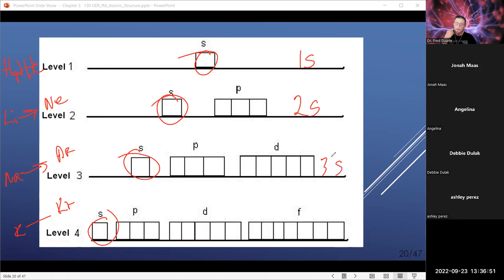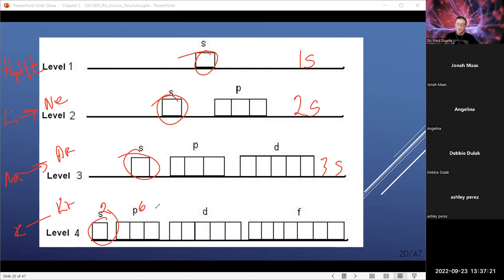Now we incorporate a superscript to the orbital letter, and that superscript depends on the maximum number of electrons that each orbital can have. So for the S, we can have S superscript 2, meaning there are 2 electrons in that first orbital. For the P, there's a maximum of 6 electrons, so it's superscript 6.